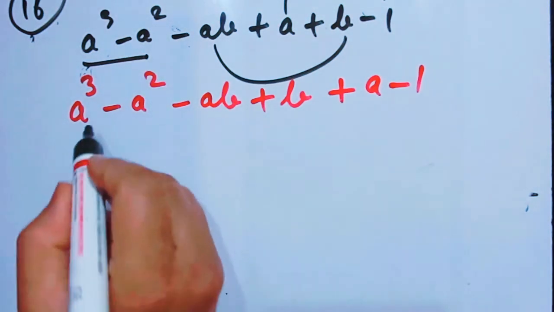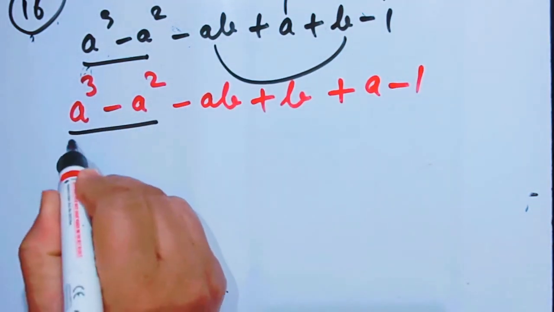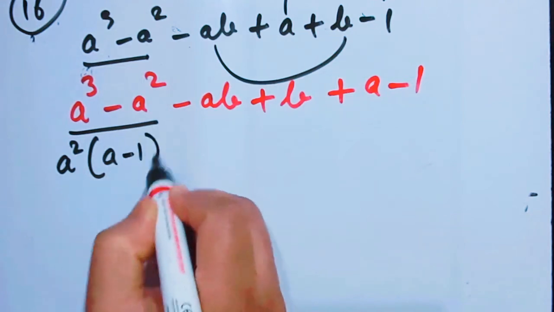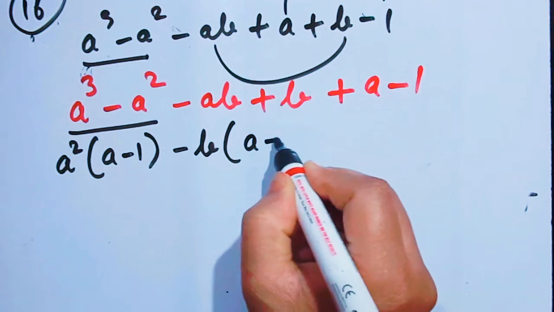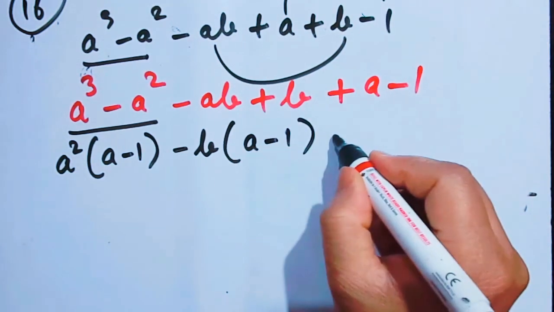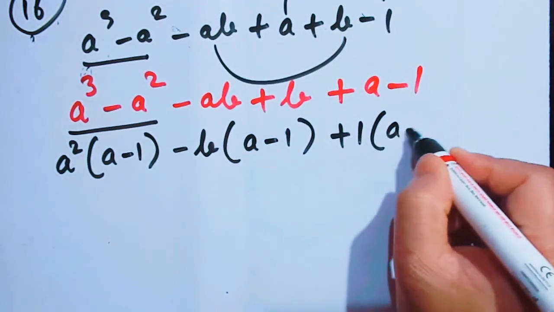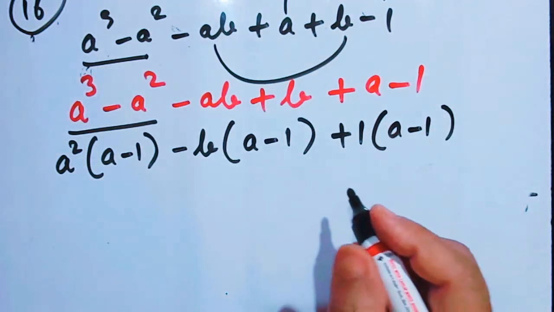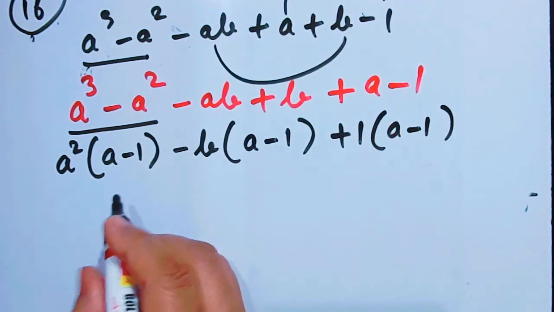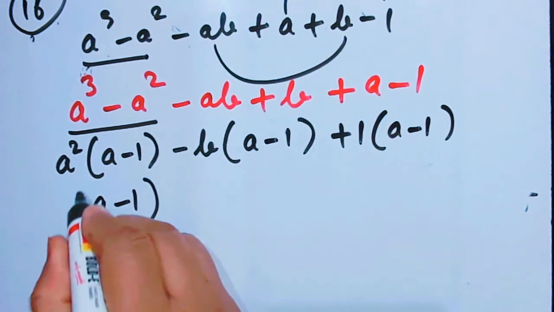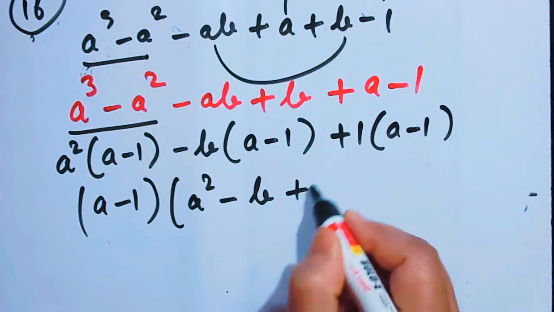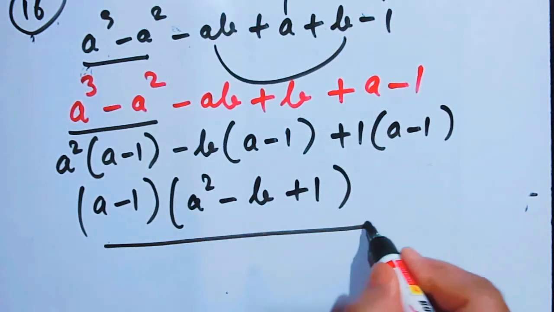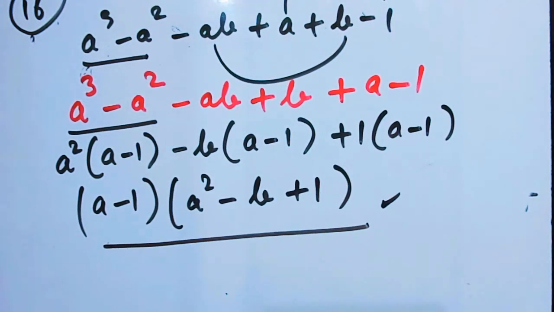Yes, exactly. So now let's see. If I take A square common over here, I'll get A minus 1. If I take minus B common over here, I'll get A minus 1. And if I take 1 common here, I'll get A minus 1. So here we have A minus 1 as common and I'll get A square minus B plus 1 as your final solution. So these sums are quite interesting.